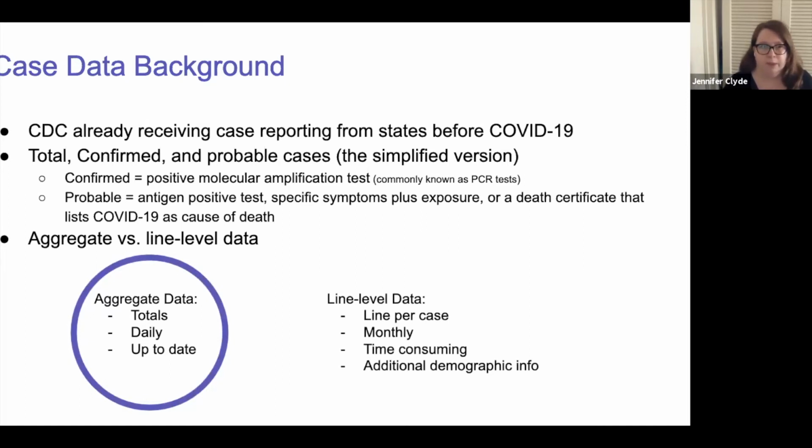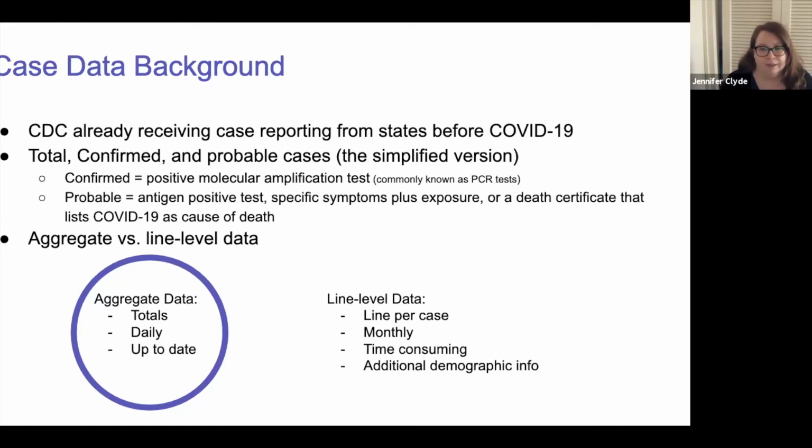So the pipelines and processes for receiving and processing all this data were already in place. Obviously, the volume of COVID presented its own problems, but it makes the case data a bit less complicated than some other data sets that we've talked about in the past.